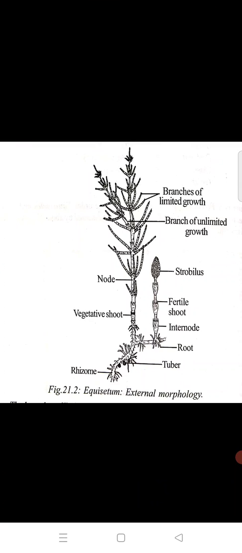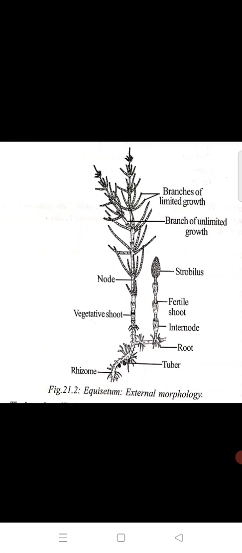A whorl of lateral branches arises from the nodes, and the branches are of two types: branches of limited growth and branches of unlimited growth. The branches of limited growth are short, unbranched, and contain nodes and internodes, and these nodes are without branches.